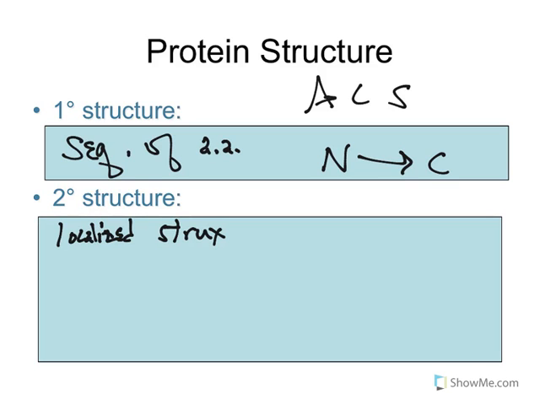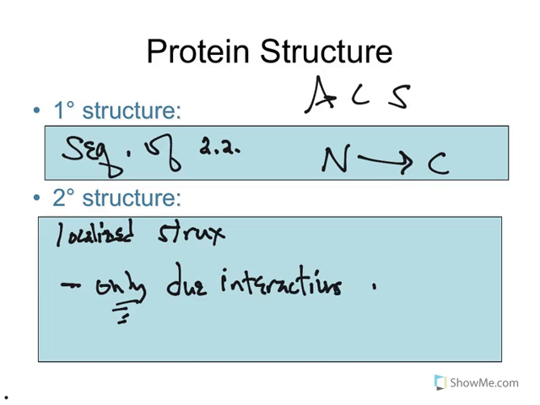Now the most important part of this is that localized structure is only due to interactions with the peptide backbone. So we're not talking about any type of interaction, say for example like serine can do hydrogen bonding. Now we're talking about the R group, we're only talking about it's only due to the interactions of the peptide backbone.